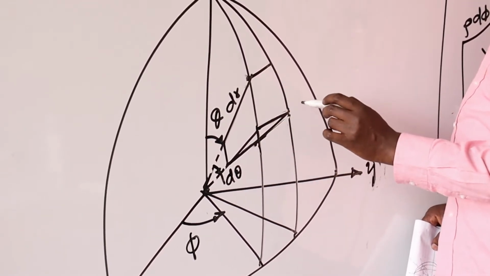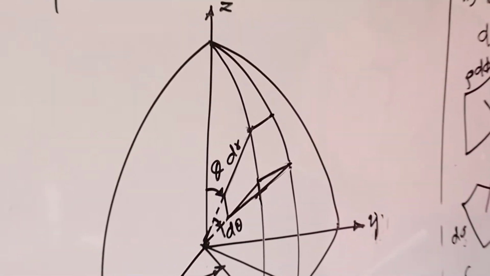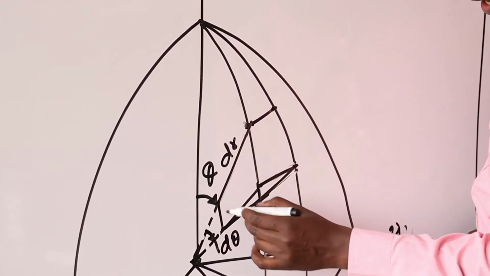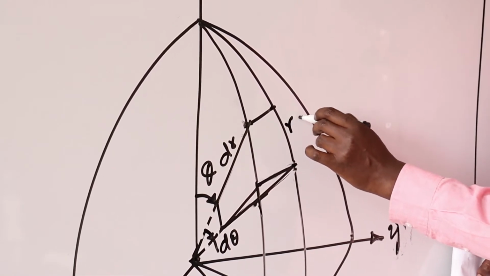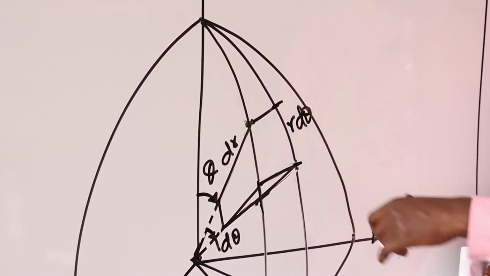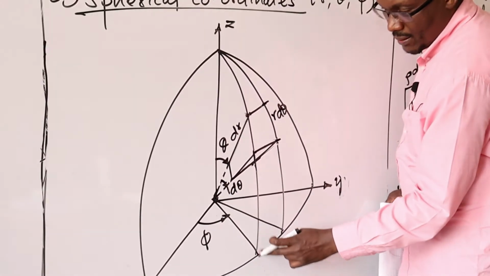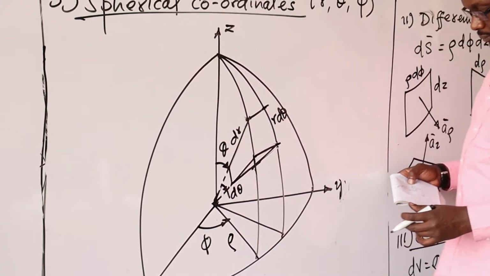Now, the length from this point to this point, if you use the same procedure, if the whole length from here to here is r, then this must be r d theta. Then we have that radius, which we're still having as rho.